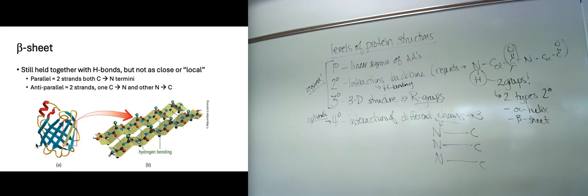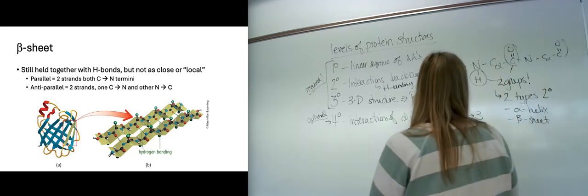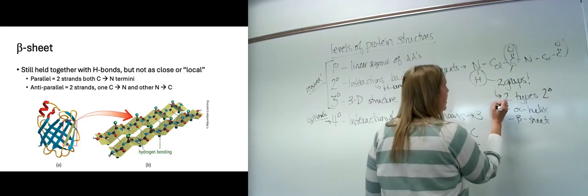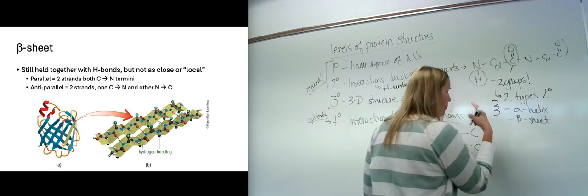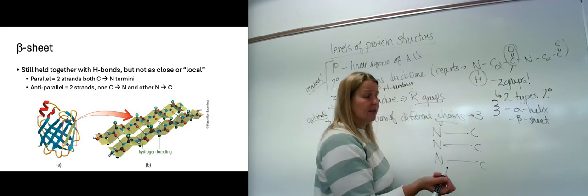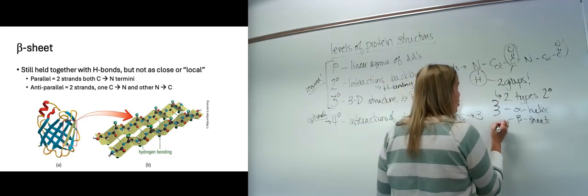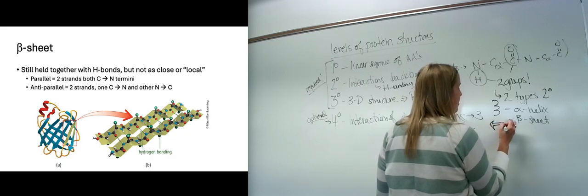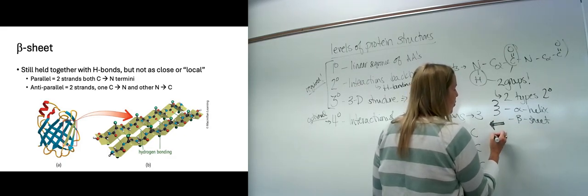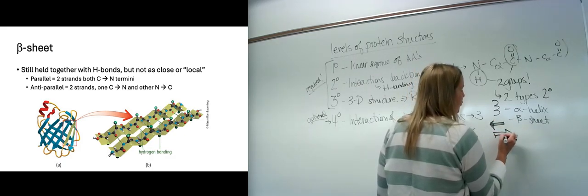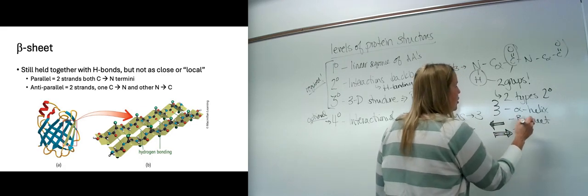So when we draw these nice cartoon-looking versions of an alpha helix or a beta sheet, alpha helices are drawn like a helix, like a spiral staircase. But with beta sheets, we tend to use little arrows going either one way or another way. So if you see arrows like this, you know it's a beta sheet.